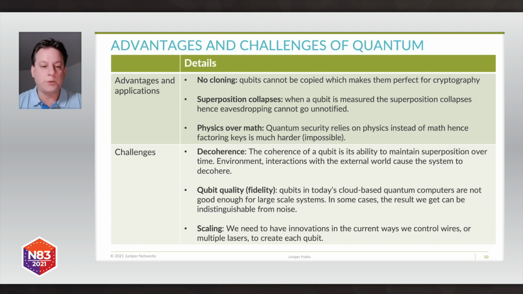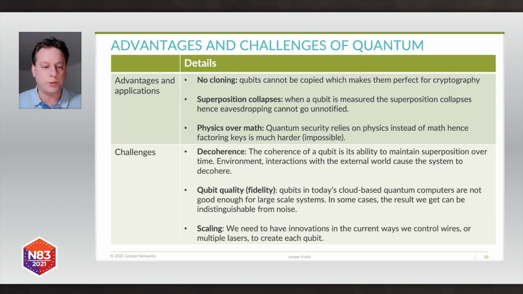And probably the most interesting thing is that it's using physics over math. As I mentioned, at one point, a quantum computer will become so powerful that it can easily factor prime numbers as we currently use it, but you can obviously not factor physics. You cannot factor the state of a photon. So that makes it much more secure.